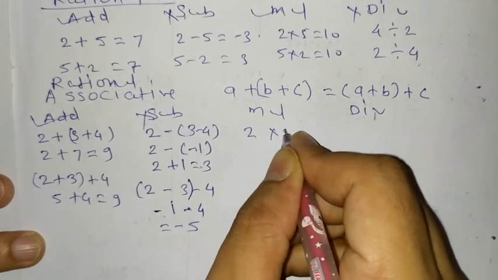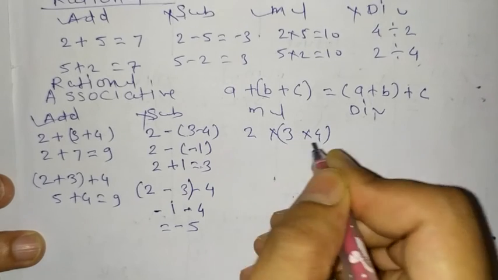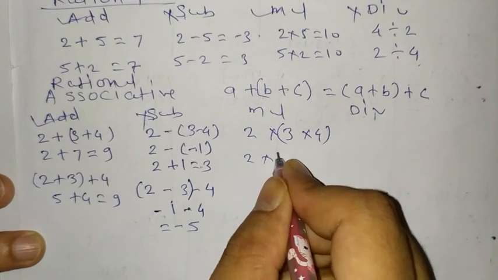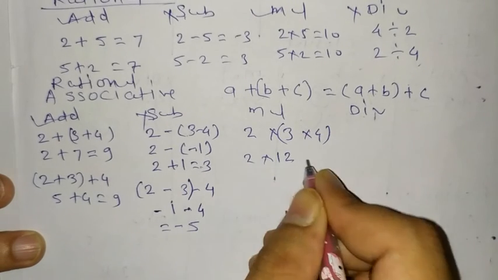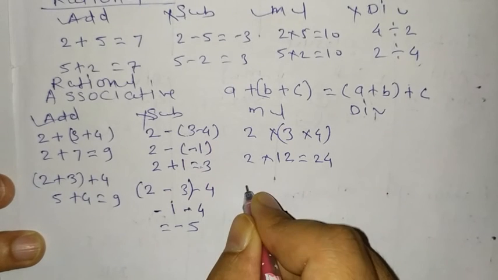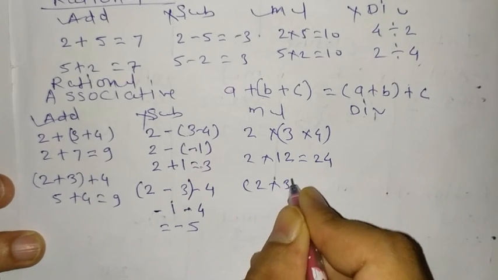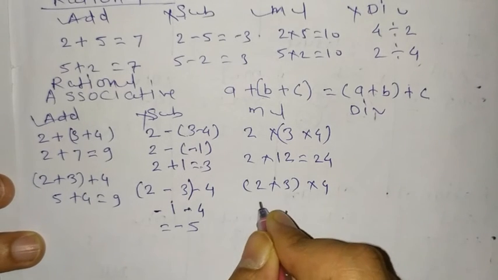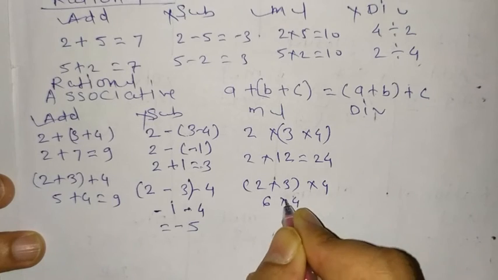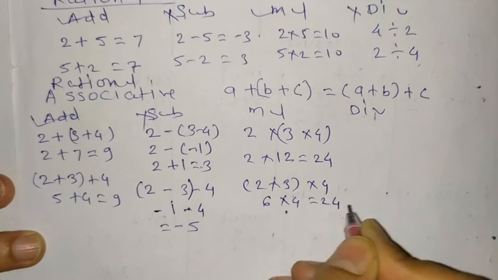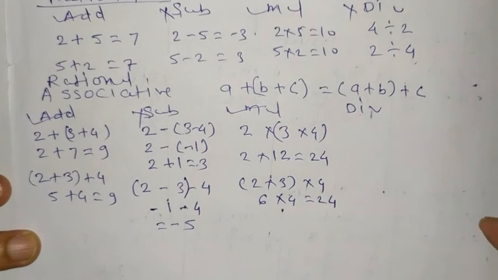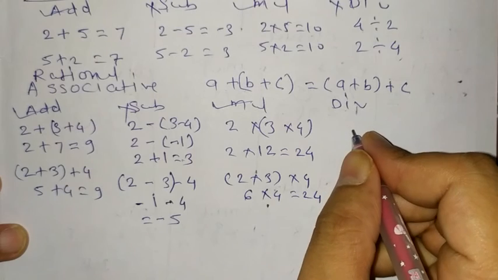Multiplication, 2 into 3 into 4. Here I am using brackets. 2 into 12, it is nothing but 24. Next 2 into 3 into 4. So it is 24. It is coming the same. So multiplication is satisfied, but division will not be satisfied.